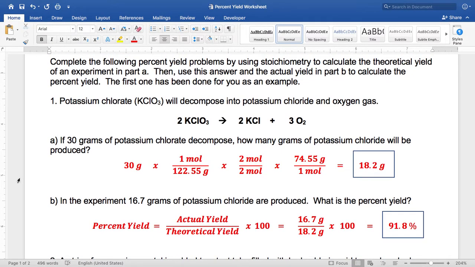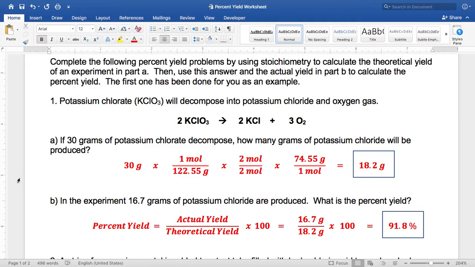In number one, it says potassium chlorate, KClO3, will decompose into potassium chloride and oxygen gas. Hopefully you remember decomposition means you take one starting material, one reactant, and you break it into two or more products.